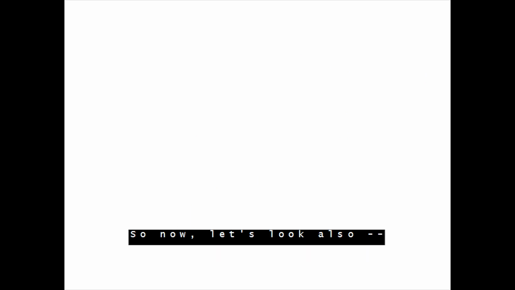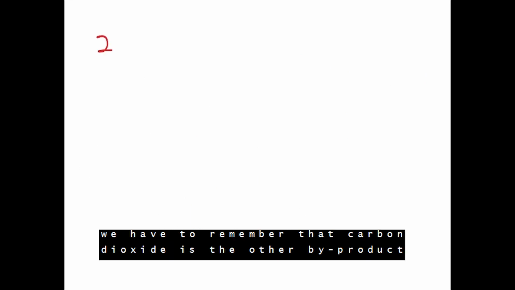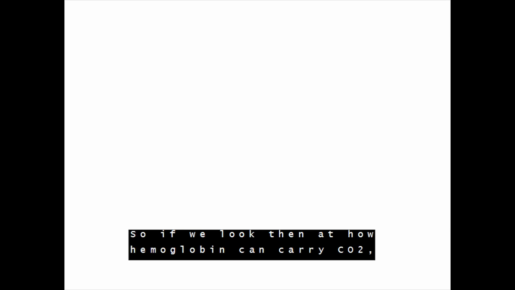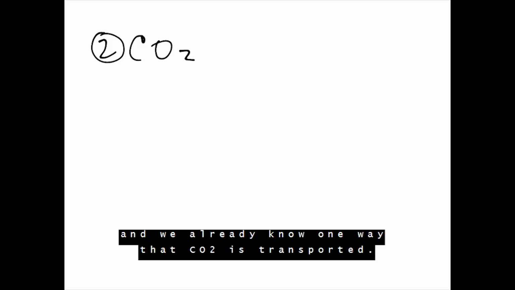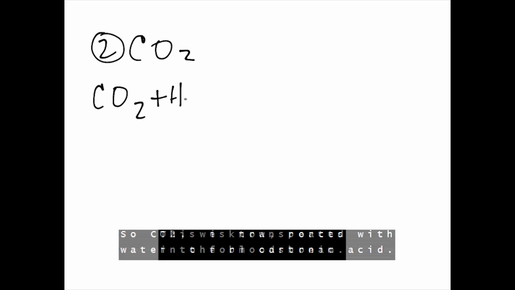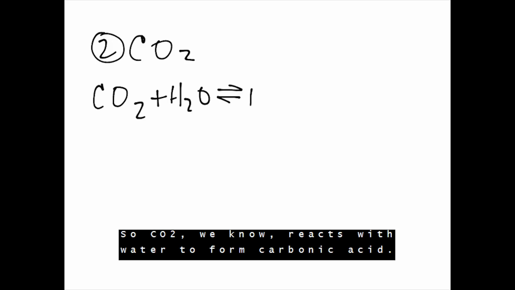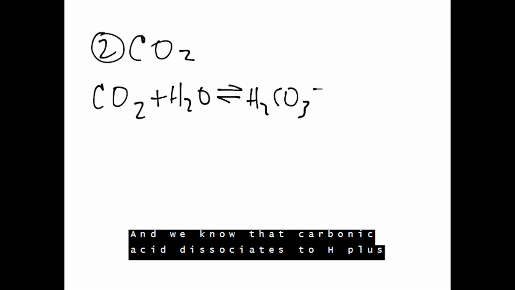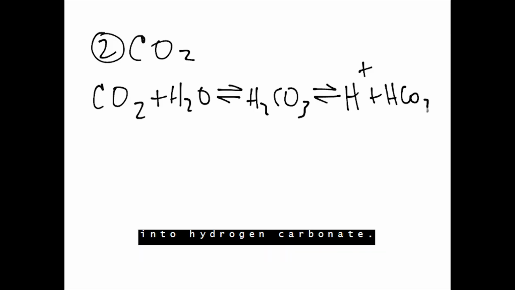So now let's also look, we have to remember that carbon dioxide is the other byproduct of respiration. So if we look then at how hemoglobin can carry CO2, we already know one way that CO2 is transported, it's just transported in the bloodstream. So CO2, we know, reacts with water to form carbonic acid, and we know that carbonic acid dissociates to H plus and to hydrogen carbonate.